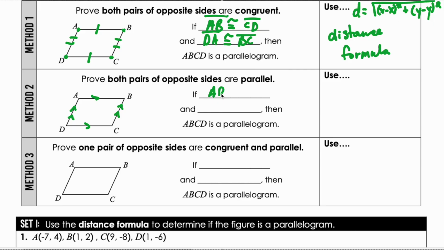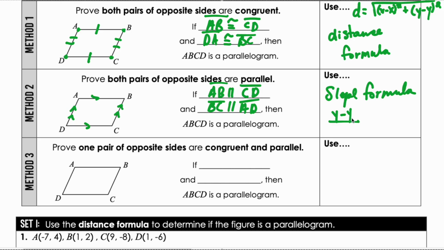And if AB is parallel to CD, and if BC is parallel to AD, then ABCD is a parallelogram. And in that case, we would use the slope formula. If you don't remember the slope formula, it's our change in y over our change in x. So that would be y1 minus y2 over x1 minus x2.